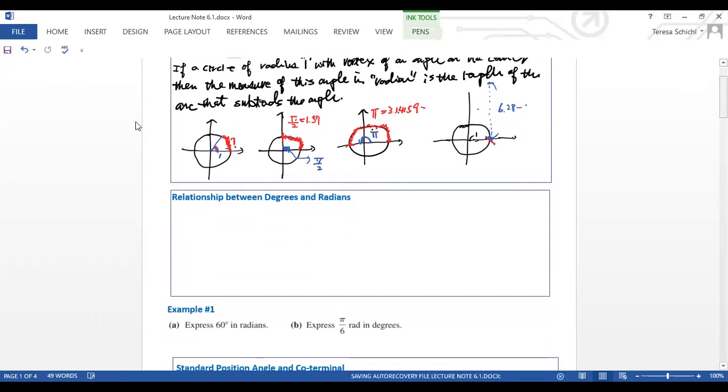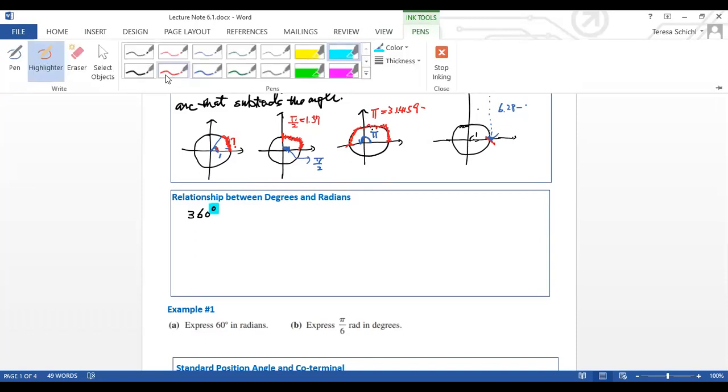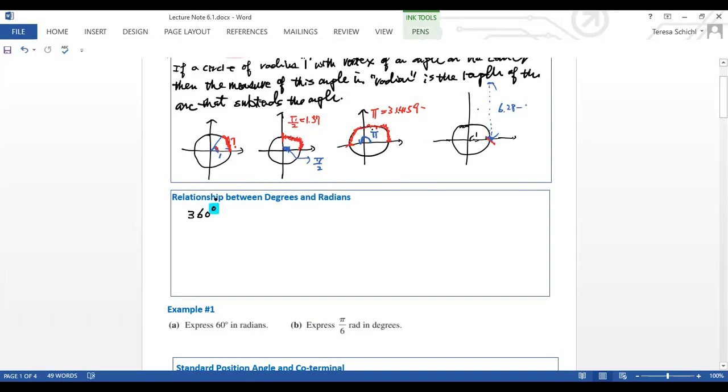We know the whole circle is 360 degrees, correct? For degrees, the typical notation has a little circle, the degree symbol. If you do not see that little circle, it means radians. So 360 degrees is equal to how many radians?